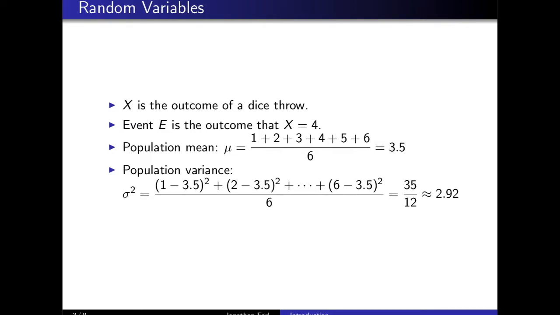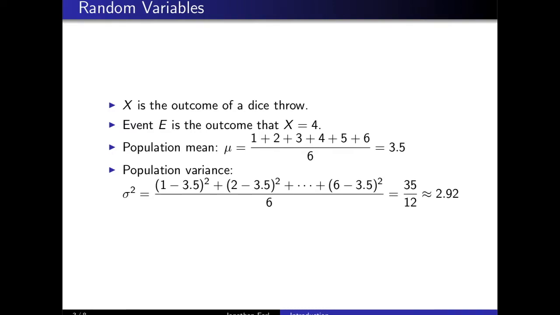For the population variance, it's similar to the sample variance, but there's one major difference. As with the sample variance, the numerator is going to be the same. We take that sum of squares of each entry minus the population mean. So in this case, we'll take 1 minus 3.5 and square that, add to it 2 minus 3.5 squared, and then add 3 minus 3.5 squared, and so on until we get to 6 minus 3.5 all squared.